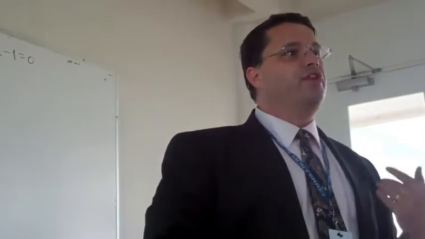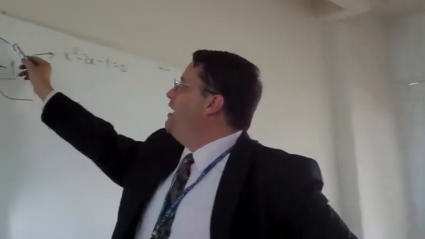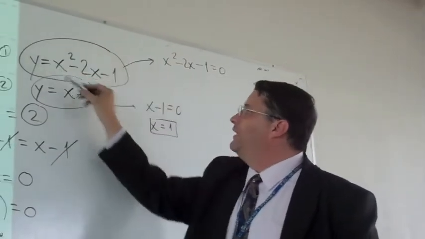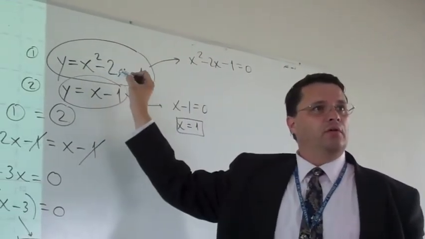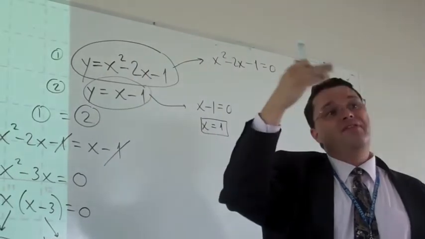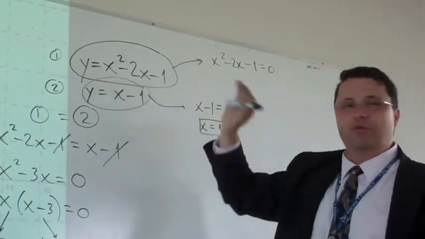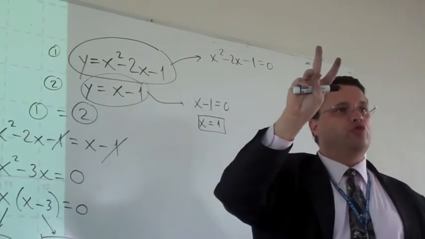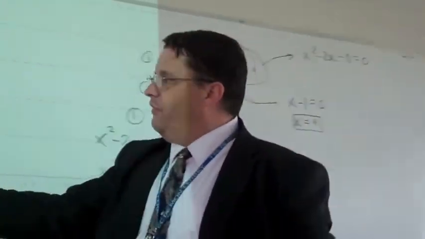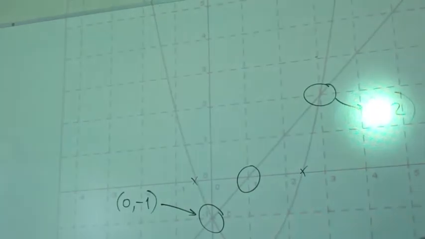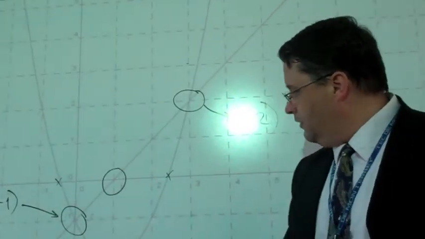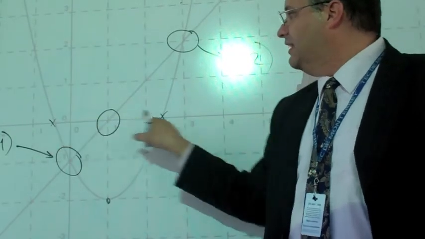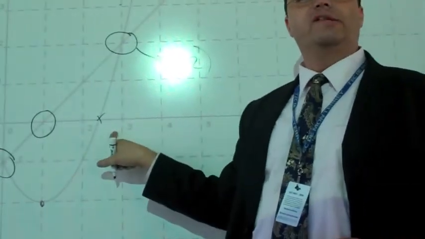Now the other thing would be, if we want to find the vertex, the process would be completing the square with this one, and then we could find the vertex. The other way, but in this example it would be kind of difficult, would be to find both roots, and the value of the vertex is going to be halfway between the two intersections with the x-axis.